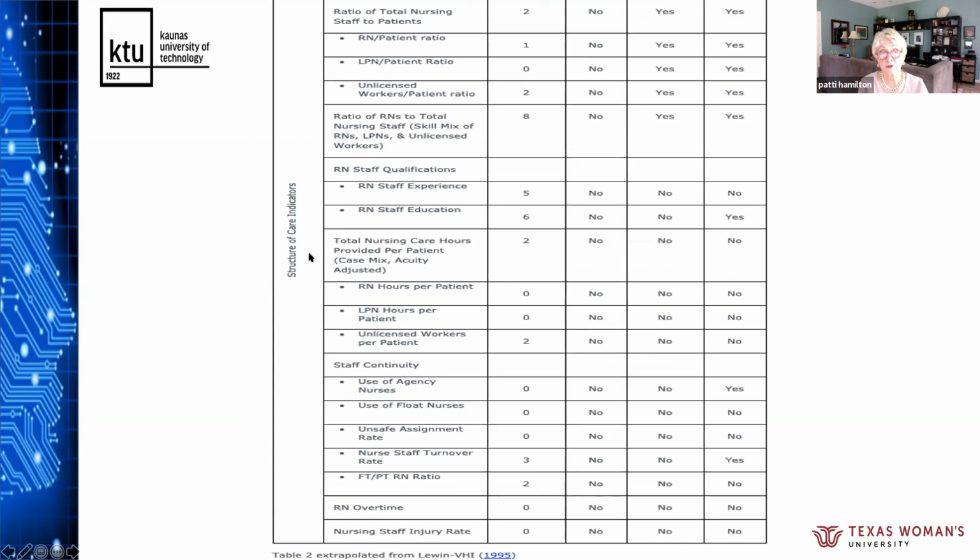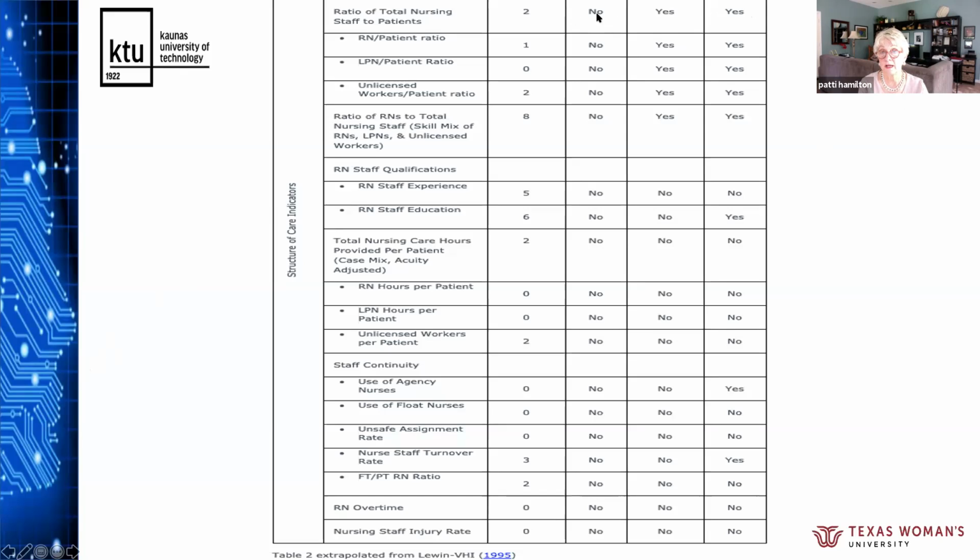And now structure of care indicators. So we've looked at patient-centered, process, and now structure indicators. And we see more of those. We can measure some of the things that are going on at the hospital or unit level. The ratio of nursing staff to patients certainly got a great deal of attention early on with Linda Aiken's work.